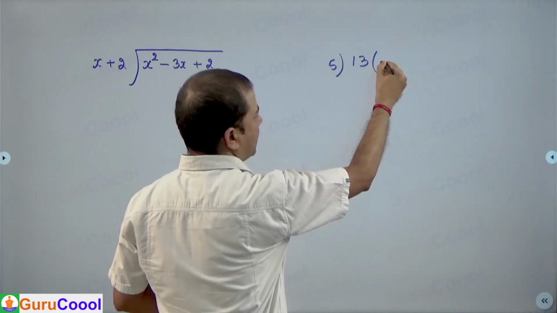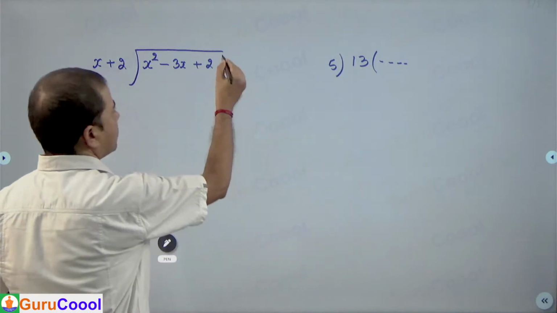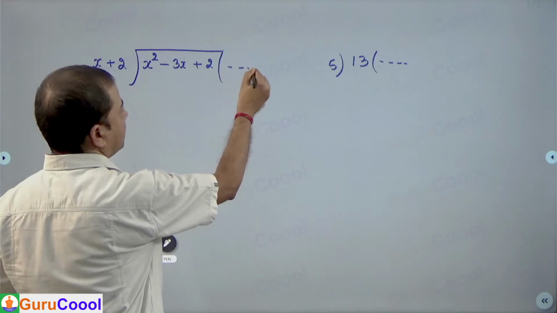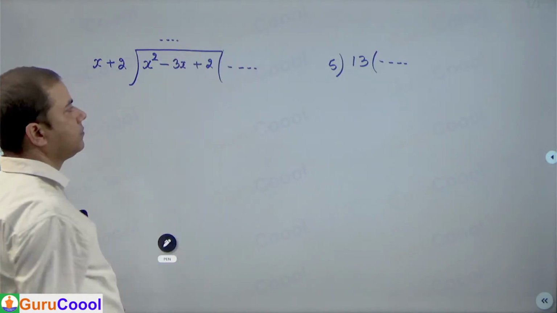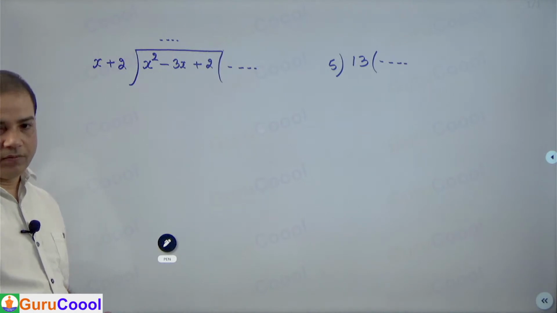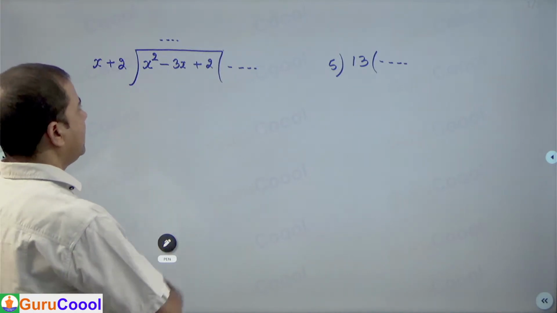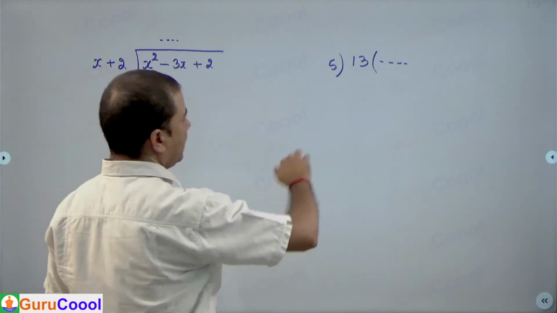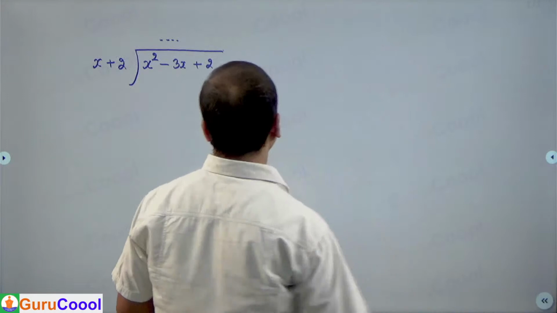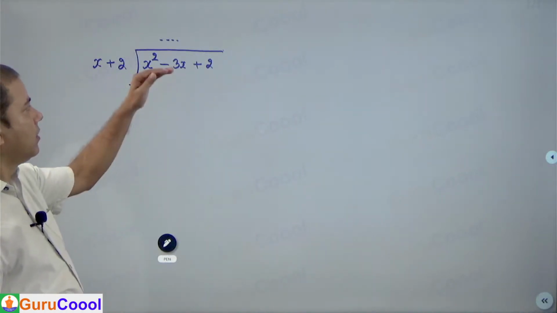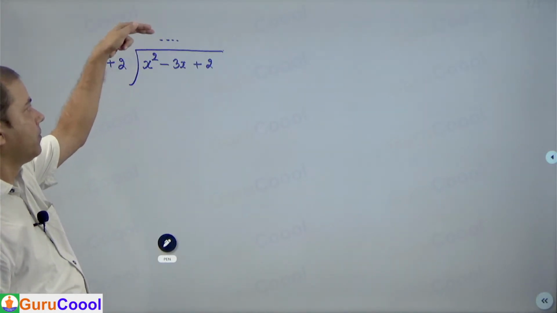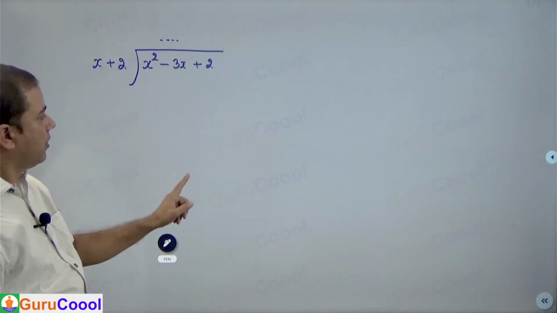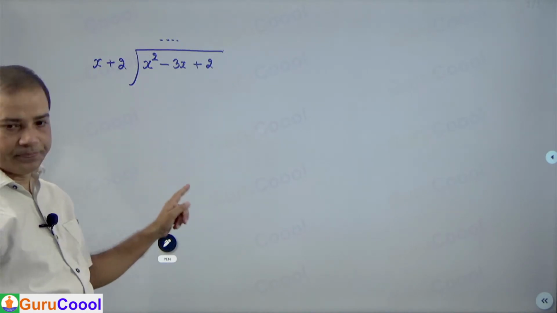We write the quotient here. Here also it is our choice to write here or here. Wherever you want, you can write, but generally we will be writing on the top. You will see in your books, the quotient is written on the top only. Dividend, divisor, quotient, remainder in the bottom.